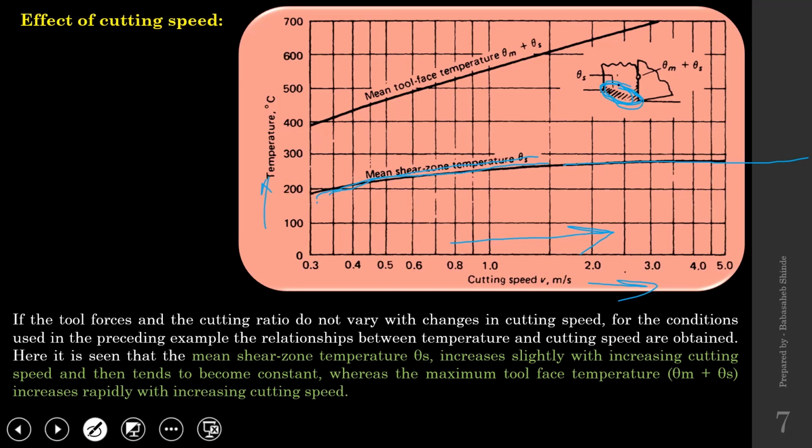Now when you consider the second point, that is along the rake face, its temperature keeps on increasing with cutting speed. So there is a continuous increase in the mean tool face temperature, or temperature along the rake face of the cutting tool. That temperature keeps on increasing with increase in the cutting speed. So that is the relationship between the cutting speed and temperature.